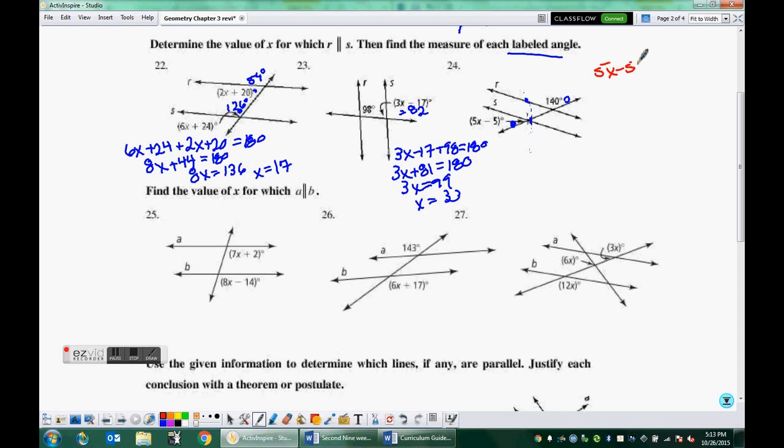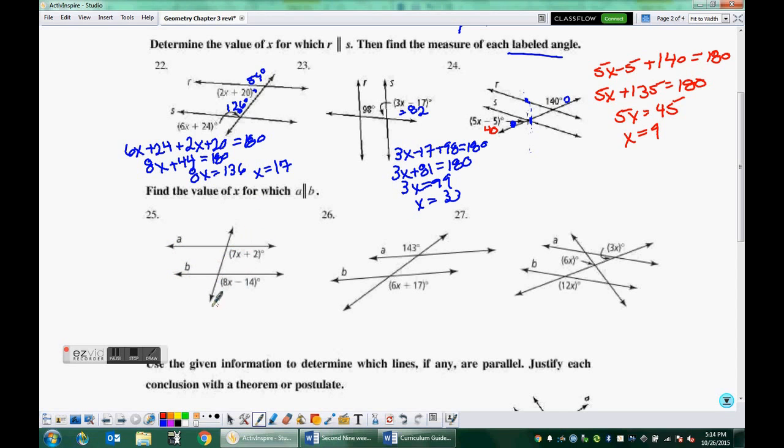Okay, so that means they are supplementary. So 5x minus 5 plus 140 equals 180. So 5x plus 135 equals 180. So 5x is 45, or x is 9. When I go to plug it back in, 4 times 9 is 45, minus 5 is 40.